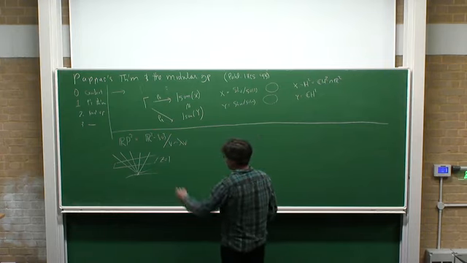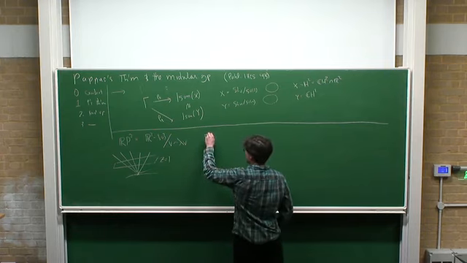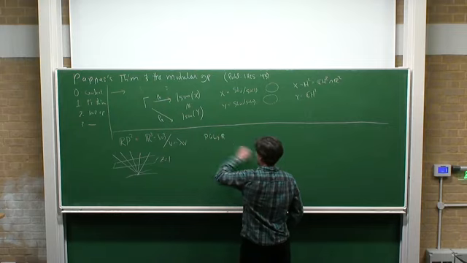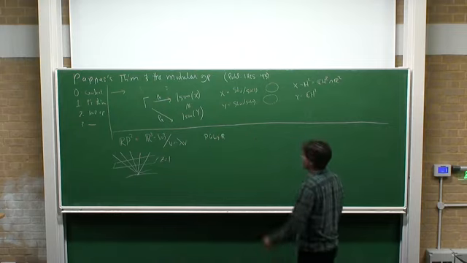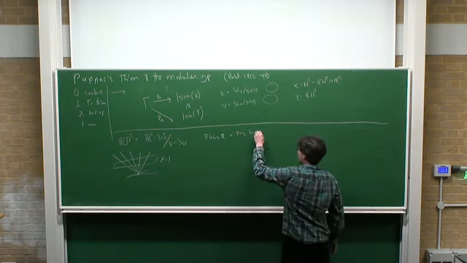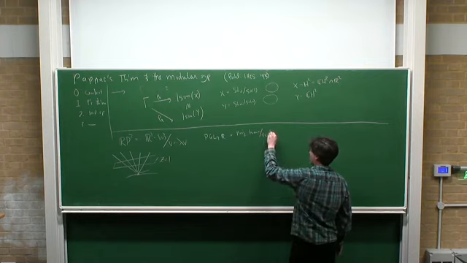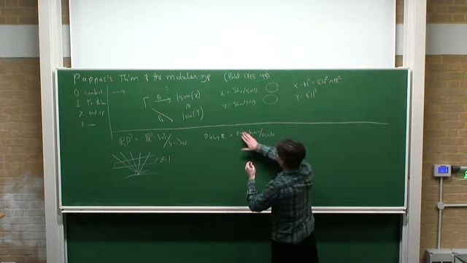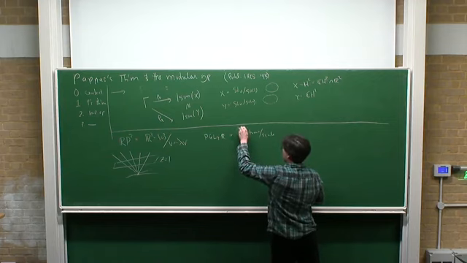Then there's a group of projective transformations. PGL3R is projective, invertible transformations mod scale.